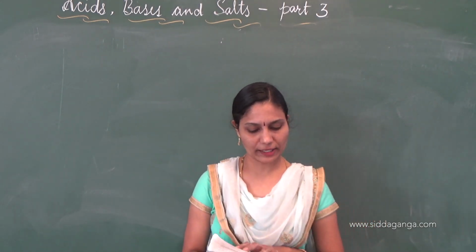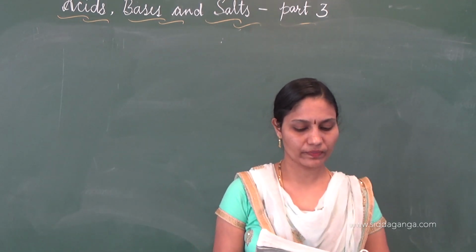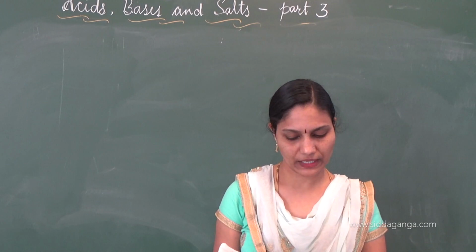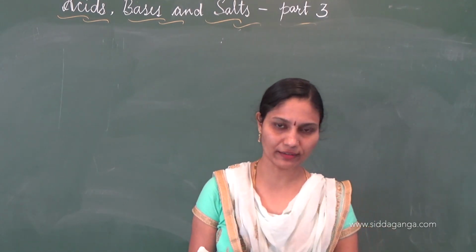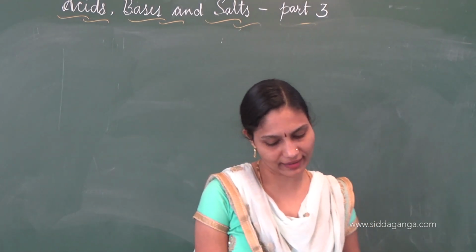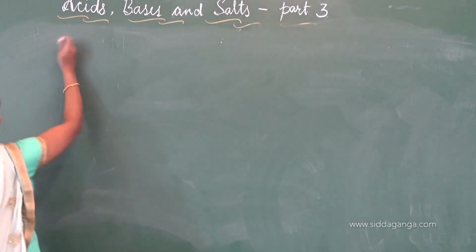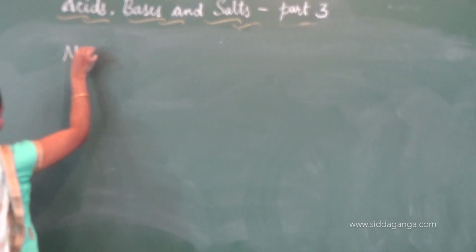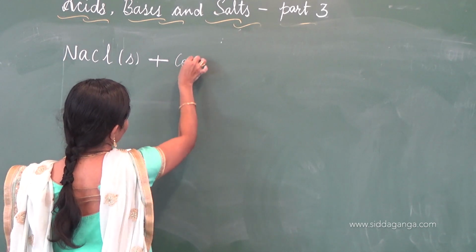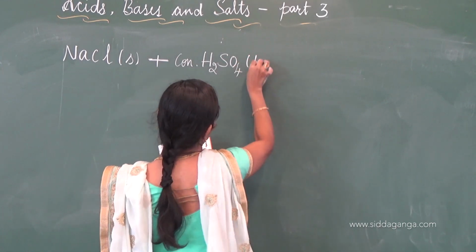In activity 2.9, please go through the activity. Some solid NaCl is to be taken, dry, and the apparatus is to be set as shown in the figure, and we are supposed to add some concentrated sulfuric acid to this. I'll write the equation corresponding to the activity. NaCl in the solid form is made to react with concentrated H2SO4.